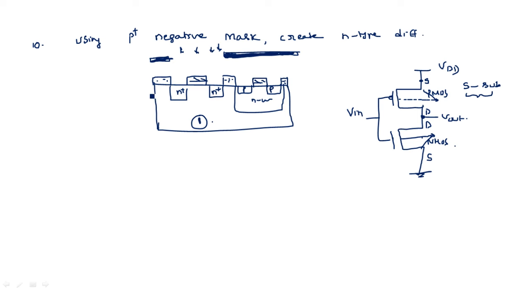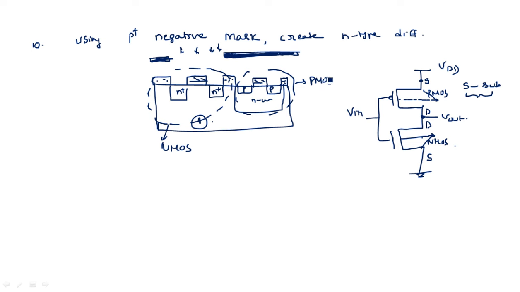Suppose if you take this, see what is this structure? This structure is nothing but NMOS transistor. What is this structure? This structure is nothing but PMOS transistor. So if you look at this NMOS structure, the substrate for this one is P-type substrate. So we need to create one P-type substrate beside this N plus region so that source and substrate connected together.